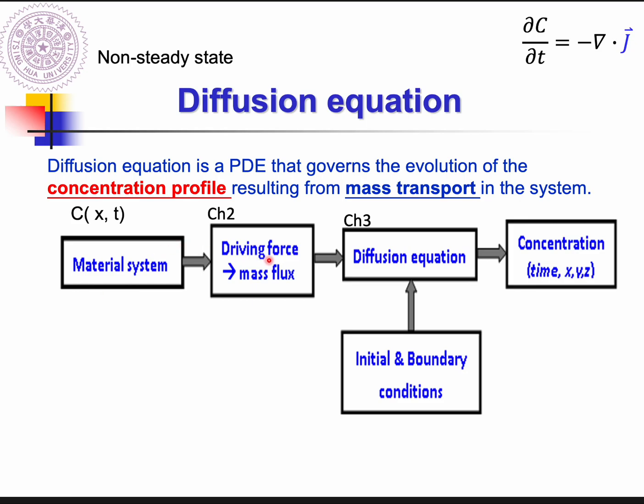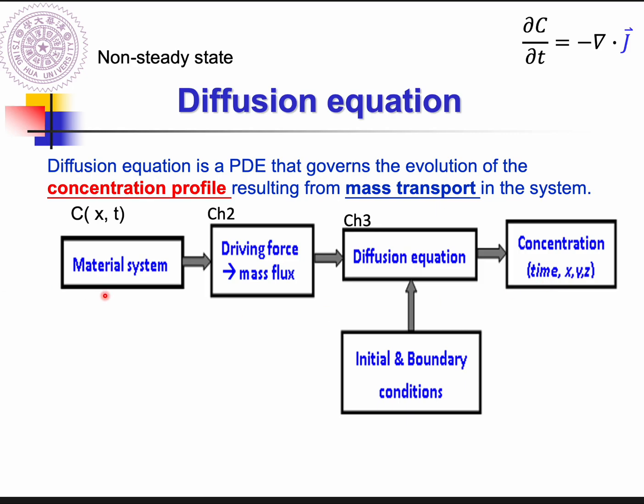Then we find how many driving forces are acting on these materials to drive mass transport. Then you formulate the diffusion equation, and with the help of the initial and boundary conditions, hopefully you can get the concentration profile as a function of time.